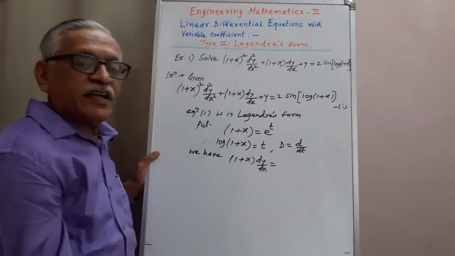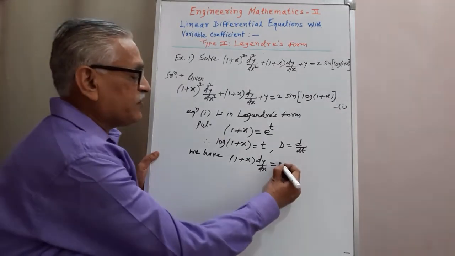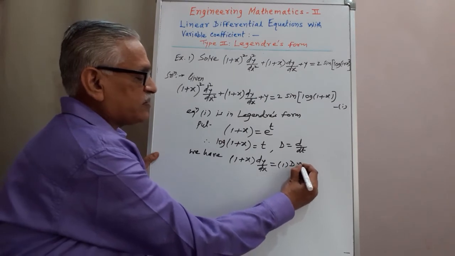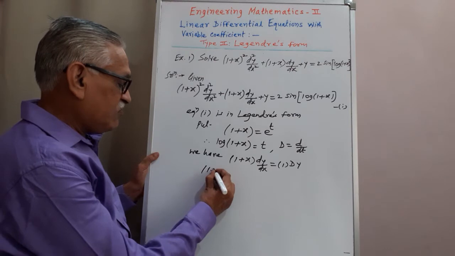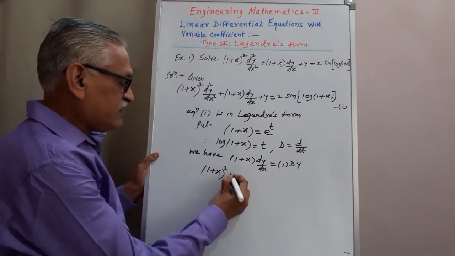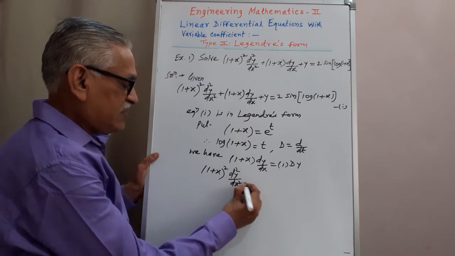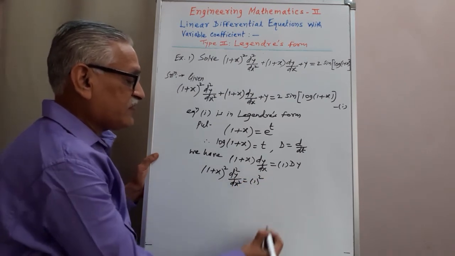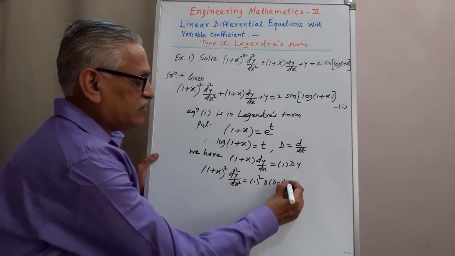Its value is a into D y, the value of a, the coefficient of x here, is 1, into D operated on y, and 1 plus x bracket square d2y by dx square is a square, 1 square, D minus 1 into y.